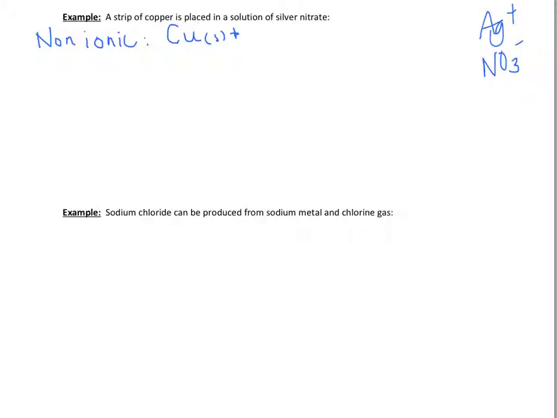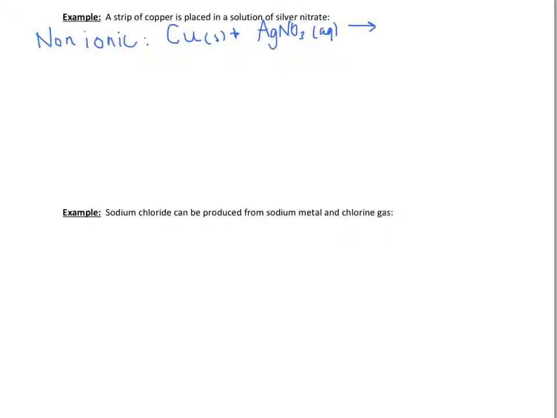If we were to write out the crisscross for this, or the formula, it would be AgNO3. You also need to look at your solubility chart to see if, when NO3- reacts with silver, it's aqueous or solid, and all nitrates will always be aqueous. And this will react to produce.